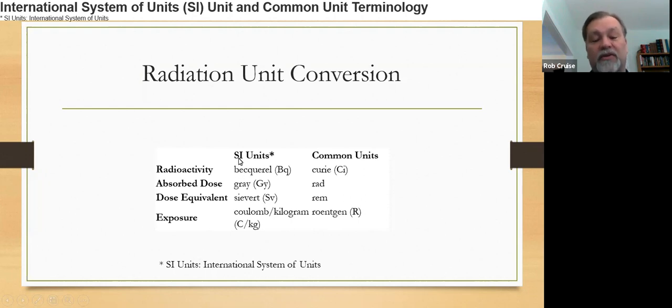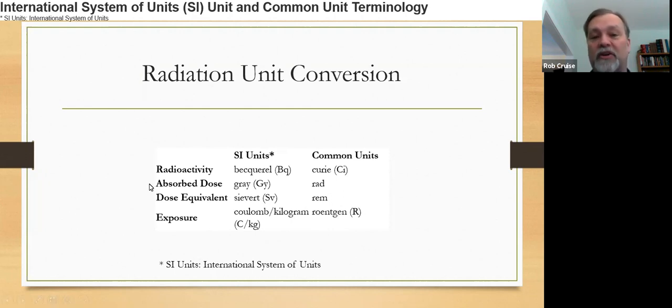So the SI units, or the international standard system of units, is used everywhere except for pretty much here, just like the metric system. So we are doing the conversion, but people still go with the older units of measurement very frequently.